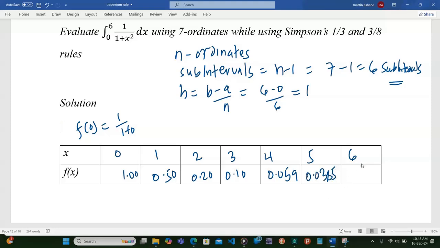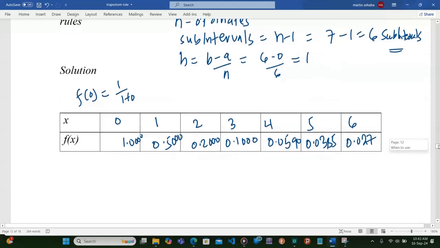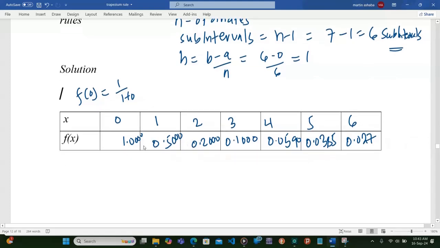If I put in 6, it is giving me 0.027. So you can increase the level of accuracy, maybe making them 4 decimal places. I'm just trying to be uniform, emphasizing uniformity and consistency as far as the degree of accuracy is concerned.